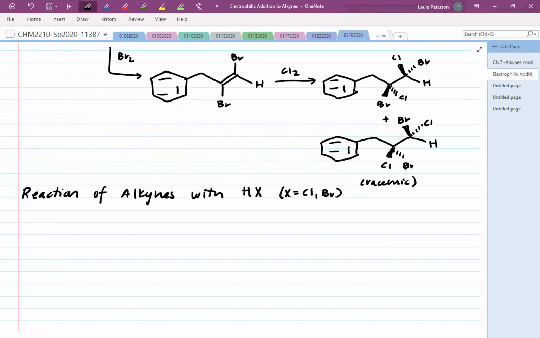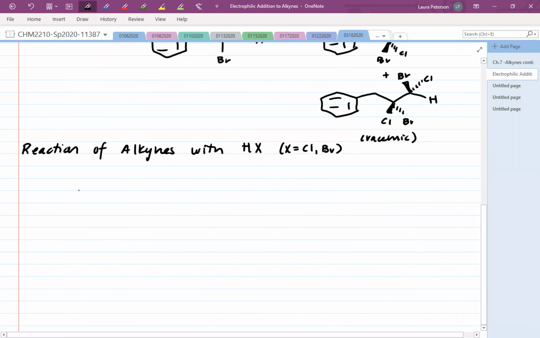And now we're actually going to have a regiochemistry issue to talk about, okay? Because each carbon of the carbon-carbon triple bond is going to end up with a different bond to a different atom, okay? So let's take a look at that and then we'll consider some of the mechanistic issues.